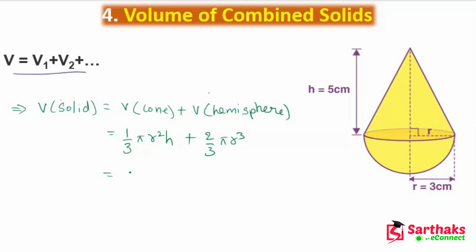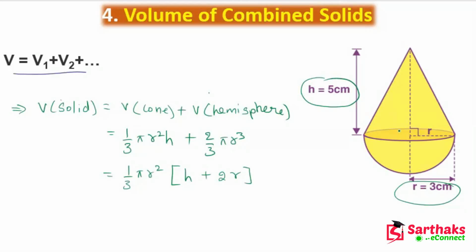Now if we solve this, here we can take 1 upon 3 pi r square as common, and the remaining part is h plus 2r. Now what is h? We have h is 5 centimeter. What is r? We have r is 3 centimeter.